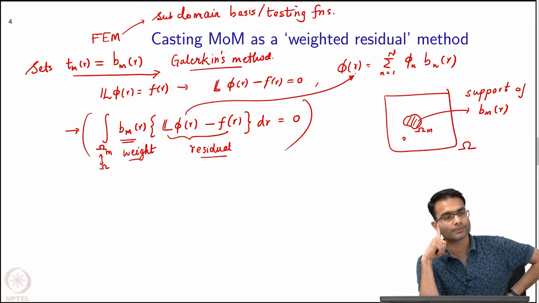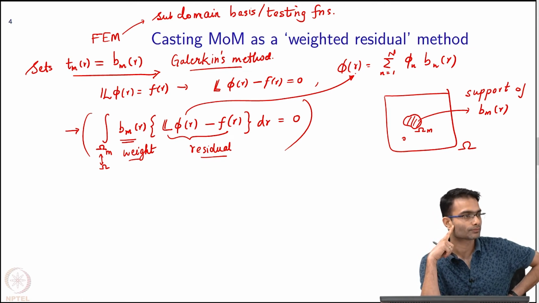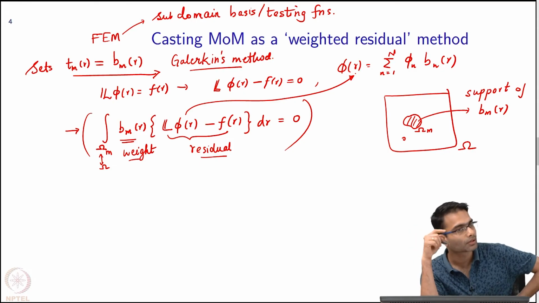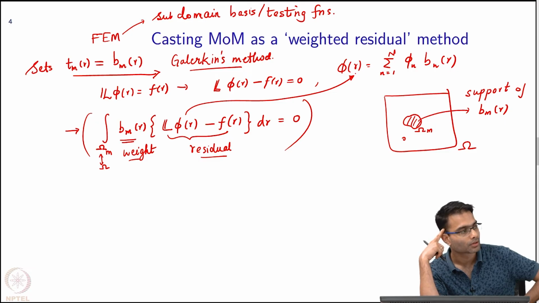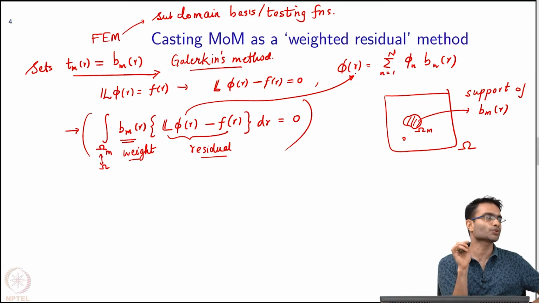How many unknowns are there in this equation? N unknowns. And how many equations? This is just one equation, for a given choice of Bm.